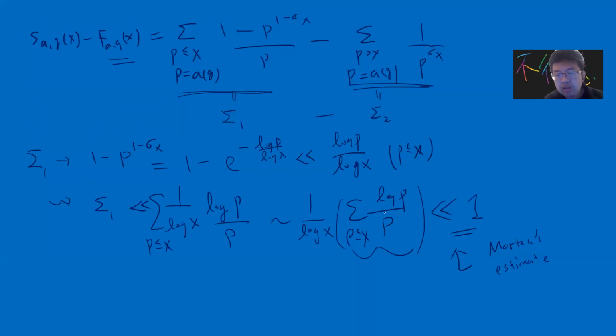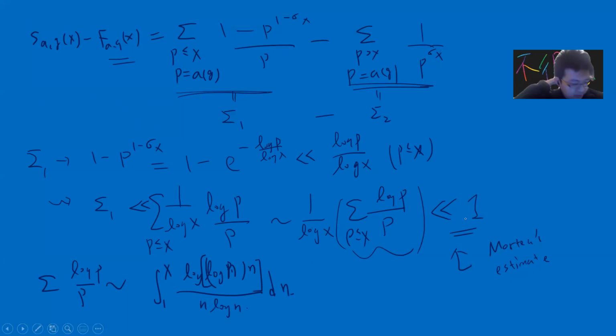I talked about this in the prime number theorem section: you can prove this by using the prime number theorem. You only need, basically, the sum of log p over p can be viewed as an integral of log n over n. You can try to compare the integral to this, and then you get a zero. These can be arbitrarily small.